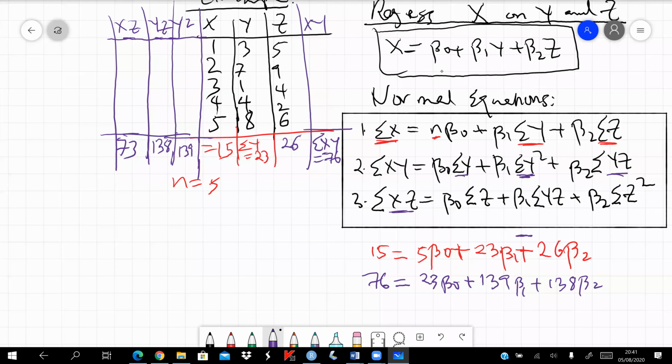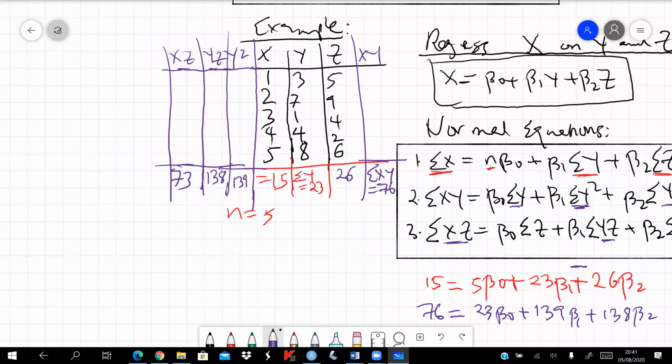We have yz. We need z squared. Z squared is 25... 162.